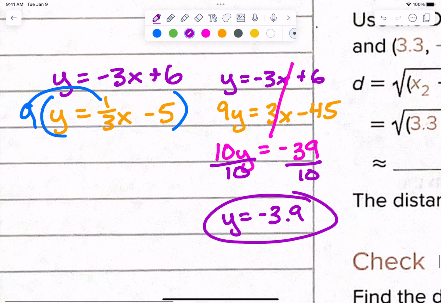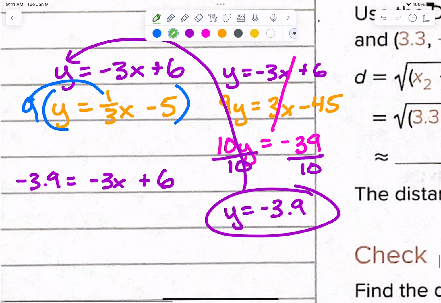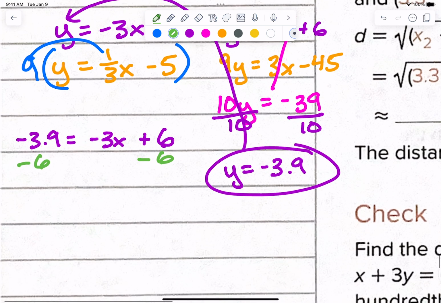Now let's plug him in. I'm going to plug him in up here, right? -3.9 equals -3x plus 6. Can I do that? What are you going to do first to solve for x? Subtract 6. What's -3.9 minus 6? -9.9. And then let's divide by -3.